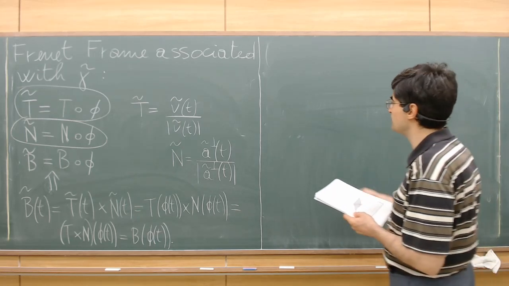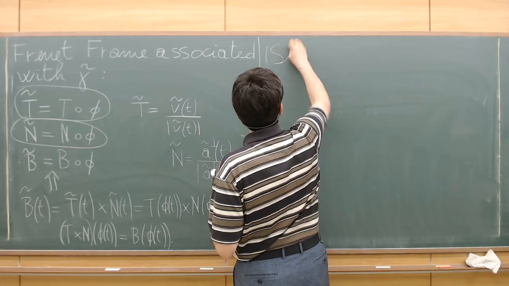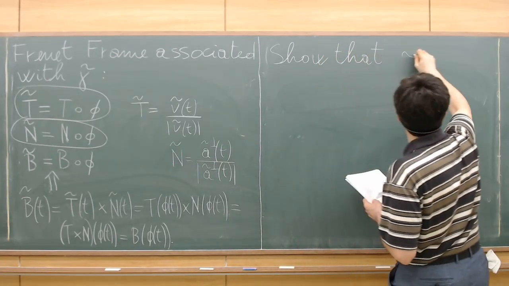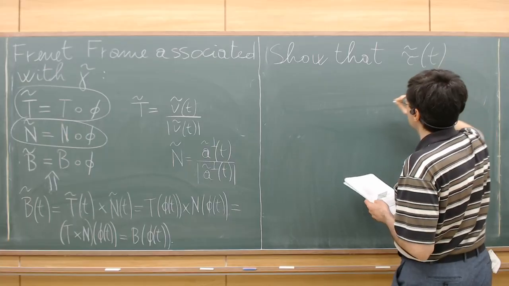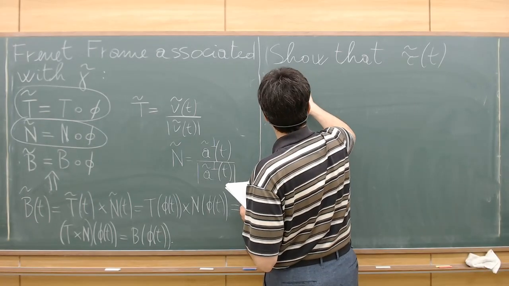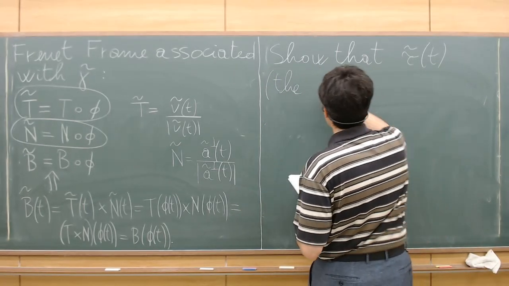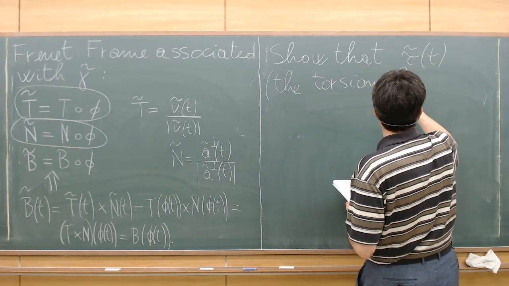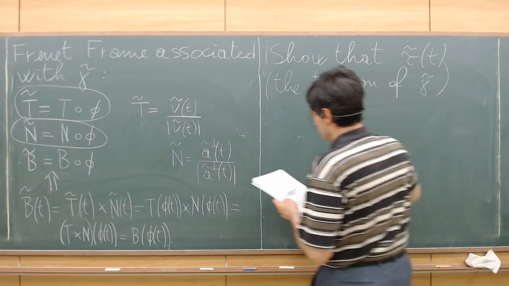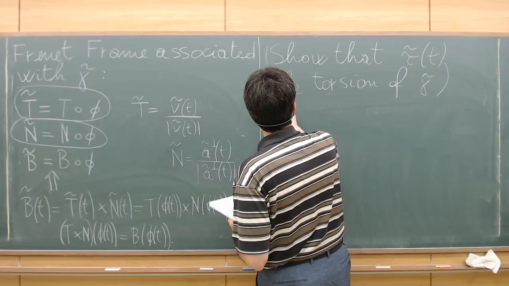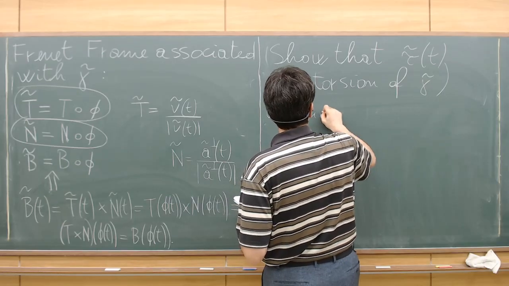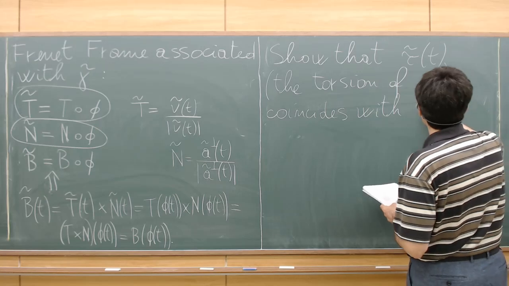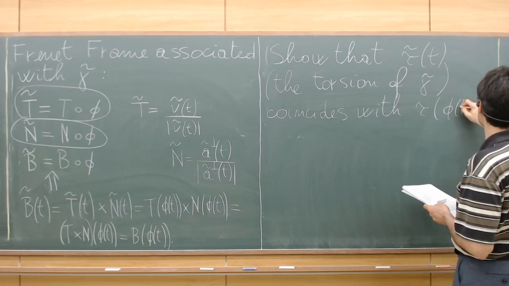And let's prove that tau tilde of t, the torsion of gamma tilde, coincides with tau of phi of t.